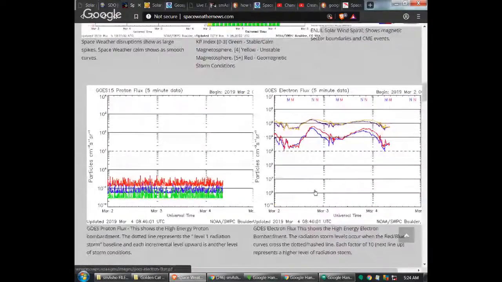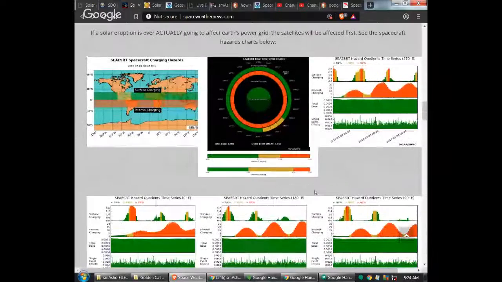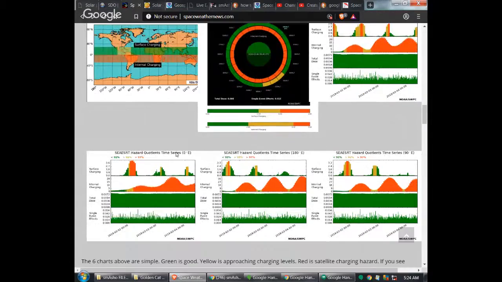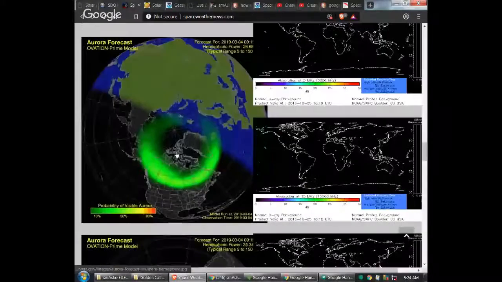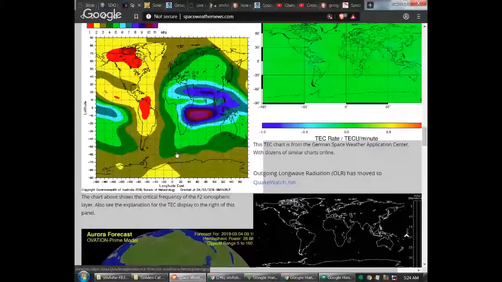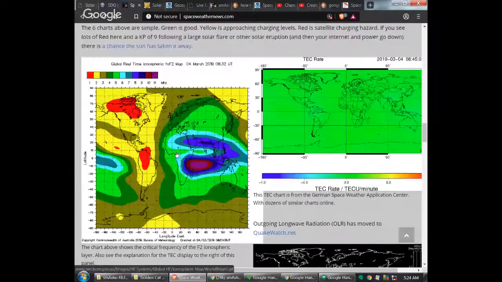There's the electron flux. We see charging hazards around south of the equator there. And we even see some surface charging there around Central America. And the F2 layer is actually very charged right now. And we see a large disparity in here.